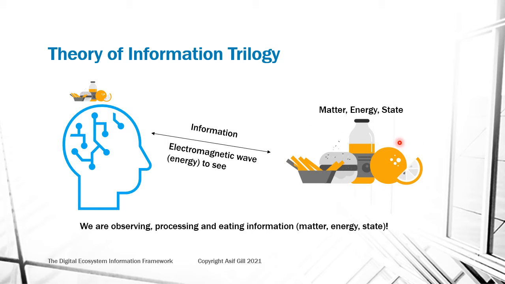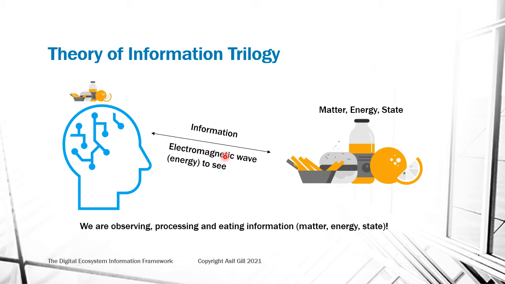What if we look at how humans perceive food when they look at it? Humans use their eyes, detecting electromagnetic waves, energy, to see that matter, energy, and state. What they are actually detecting, which we call food, is information.